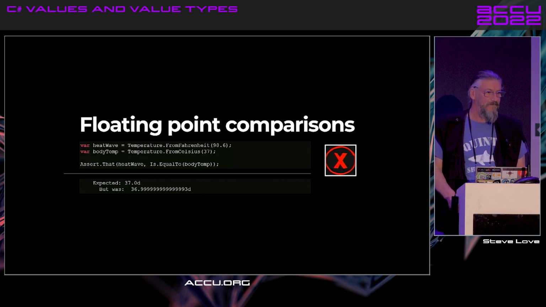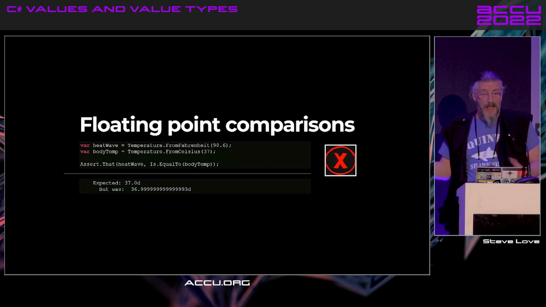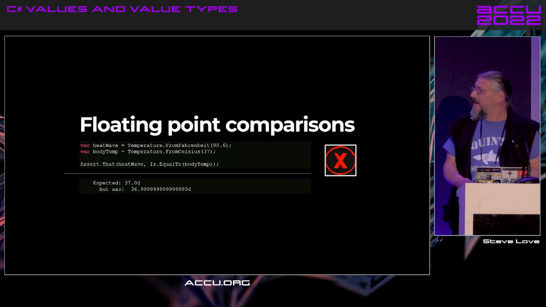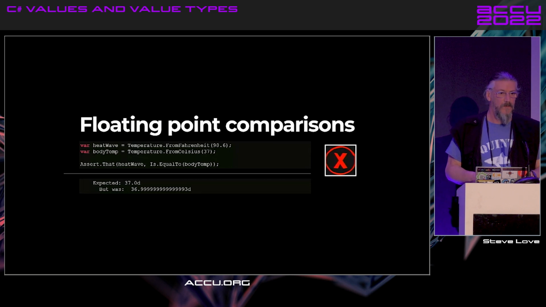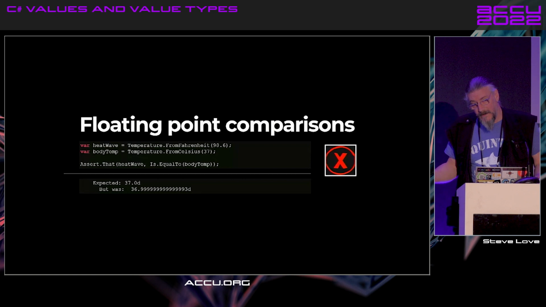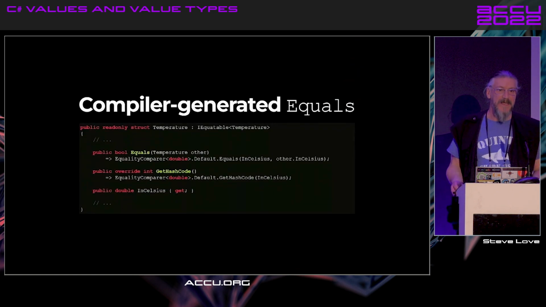An inherently imprecise way of representing numbers, and everybody understands that, right? But what we want is some way of expressing, well, almost equal within some reasonable tolerance. What does that mean? We have to write our own equals methods.